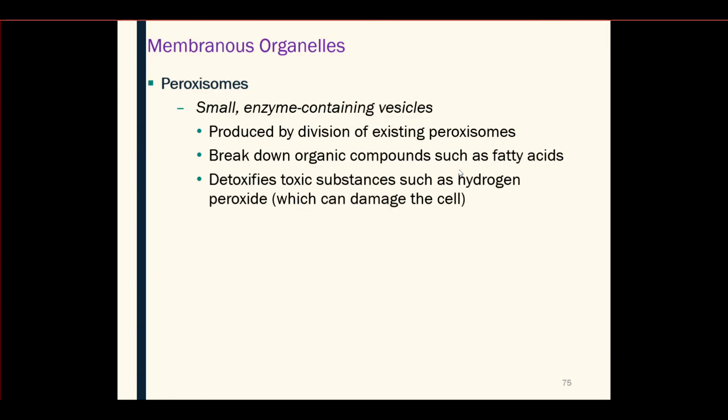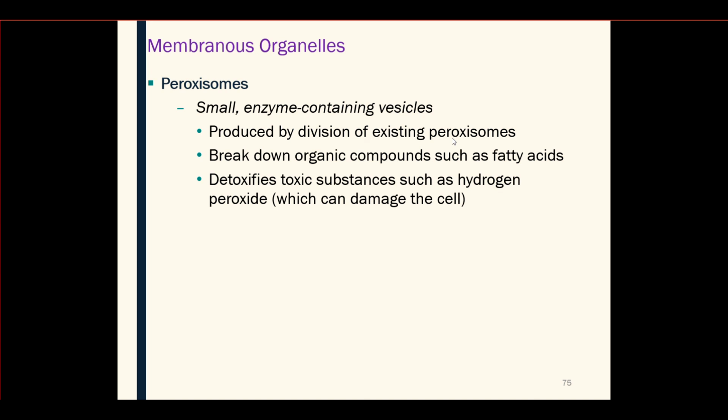Okay, the last organelle is kind of like the lysosome, except it won't do autolysis. It won't do autophagy. Instead, the peroxisomes are going to break down more organic compounds, such as fatty acids. These are not produced by the Golgi apparatus. They're produced by other peroxisomes, right? So these, unlike the lysosomes, do not come from the Golgi apparatus.